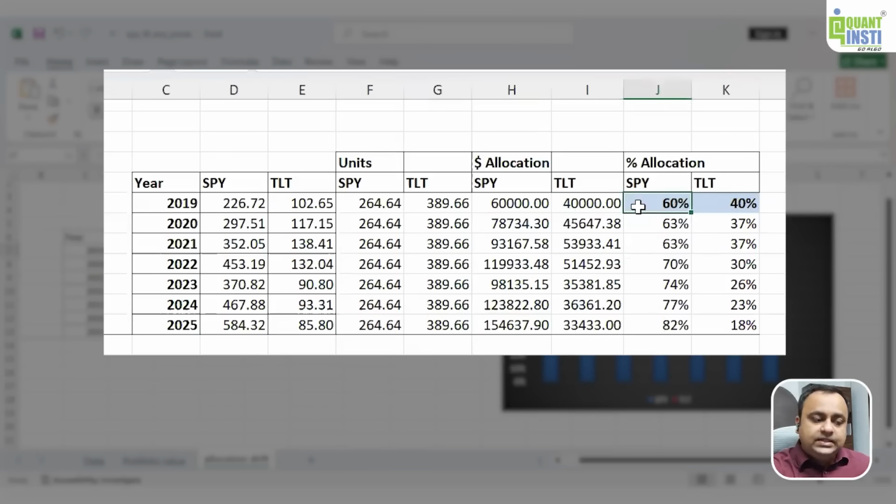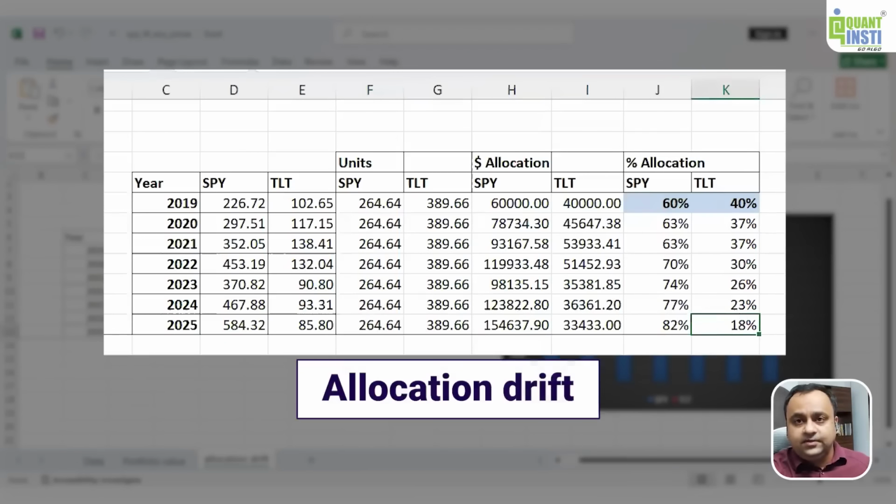So my 60% SPY and 40% TLT portfolio has changed at the end of this period to 82% and 18%. Now this change is called the allocation drift.